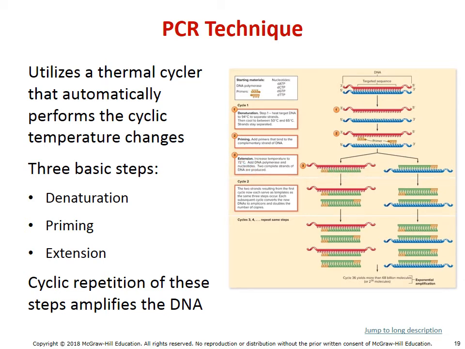So really three steps: heat up to separate, cool down to add the primers, and then warm up to allow for extension or copying. If we just keep alternating those three specific steps, we can end up with lots of DNA very quickly, because 2 strands can turn into 4 strands, 4 can turn into 8, 8 turns into 16. So this is that same basic doubling idea we discussed with bacterial binary fission.